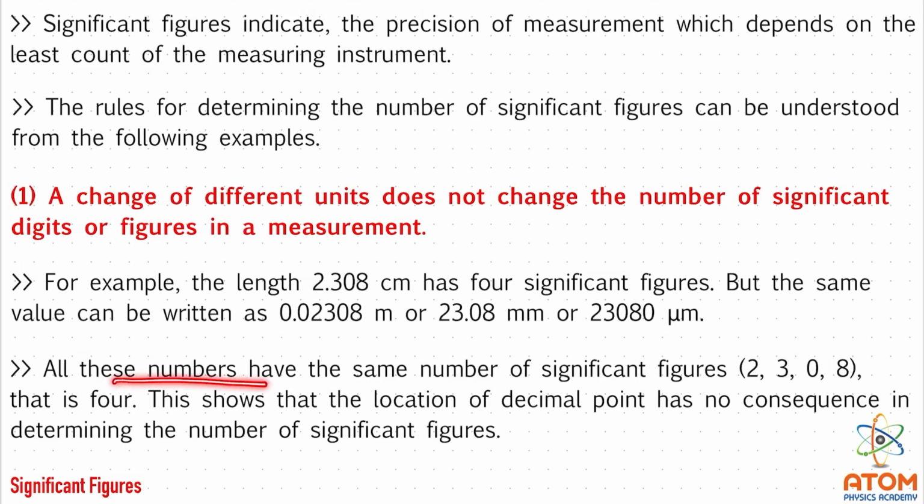All these numbers have the same number of significant figures, that is 4. This shows that the location of the decimal point has no consequence in determining the number of significant figures. By changing the location of the decimal point, the number of significant figures does not change.